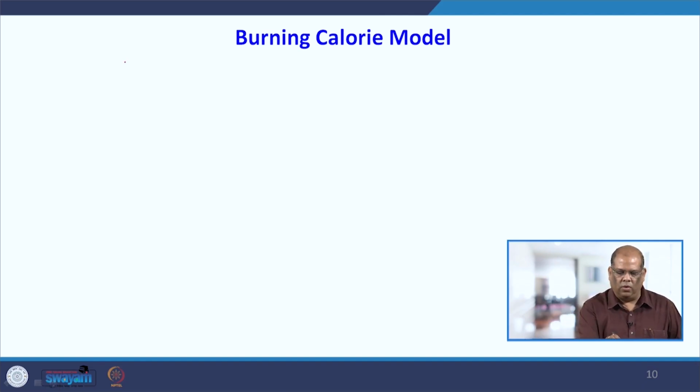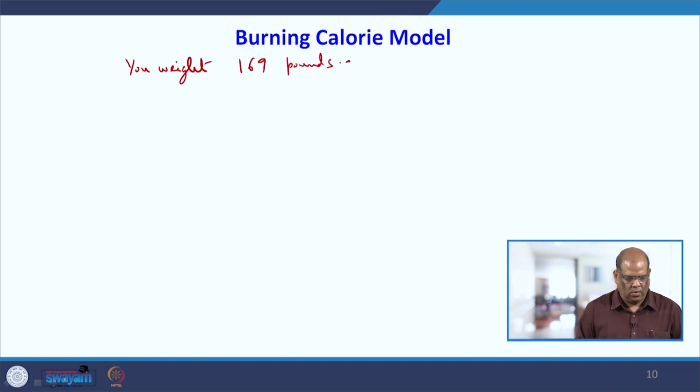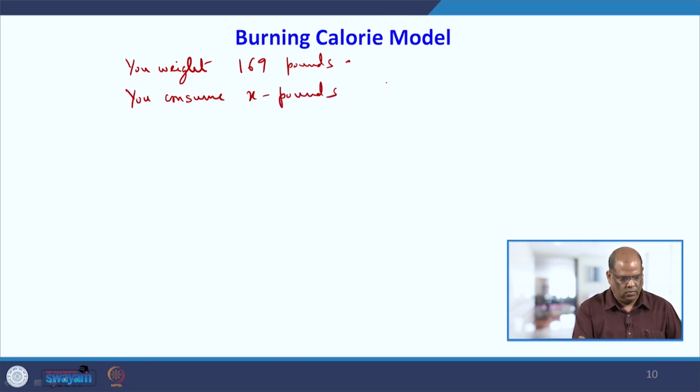So, suppose your weight is 169 pounds and you consume x pounds worth of calories each week.